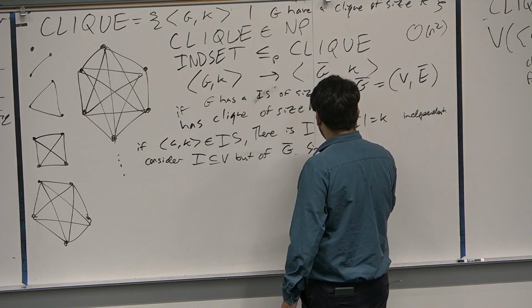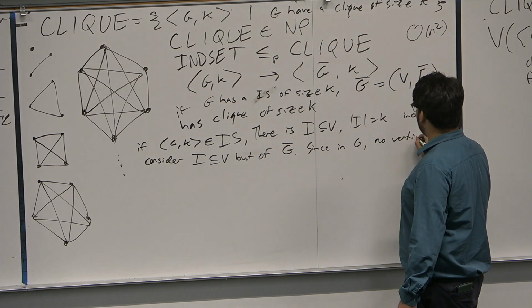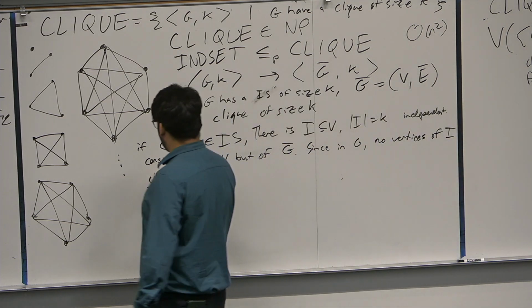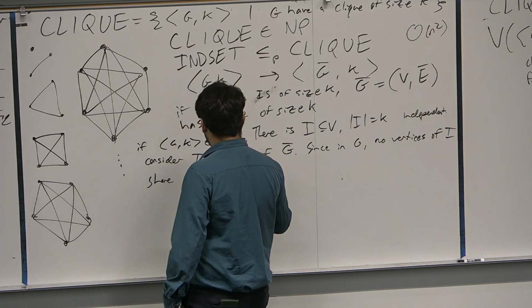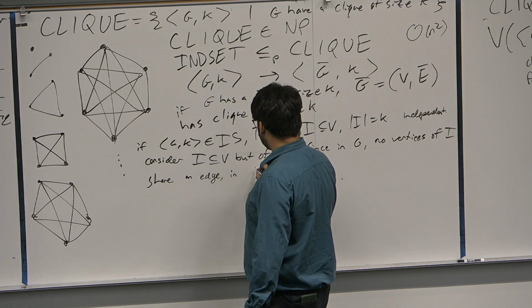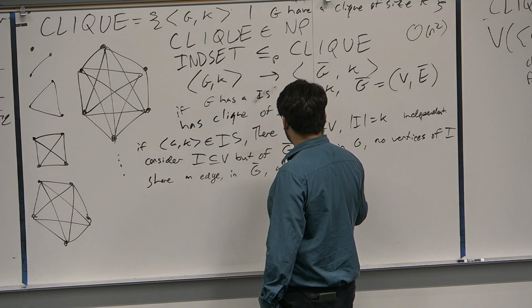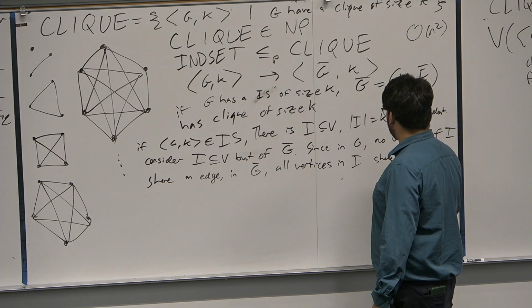Since in G, no vertices of I share an edge, in G complement, all vertices in I share an edge.